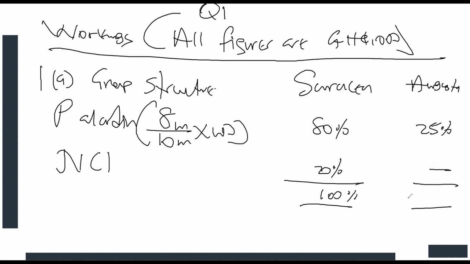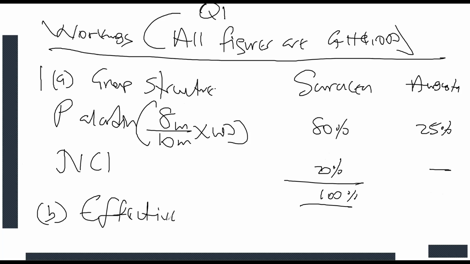That's the first thing you have to do. You don't need to go and say, I'm going to solve the question. No. So this is how I want you to arrange your answers for us. Then the second aspect is effective date of acquisition.